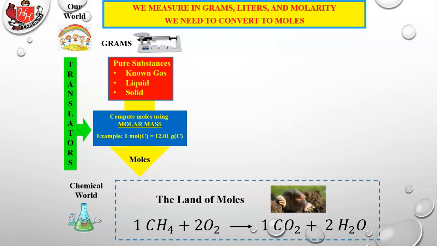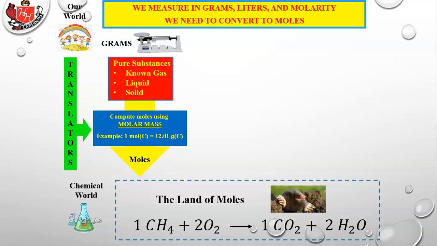And then once we've used the chemical equation to figure out what we're trying to figure out, we can go back in the other direction. We can use the translator to take us from moles, which the chemical equation is working in, again, numbers of particles, numbers of molecules, numbers of atoms, back into grams, which is something that we can use in the laboratory.